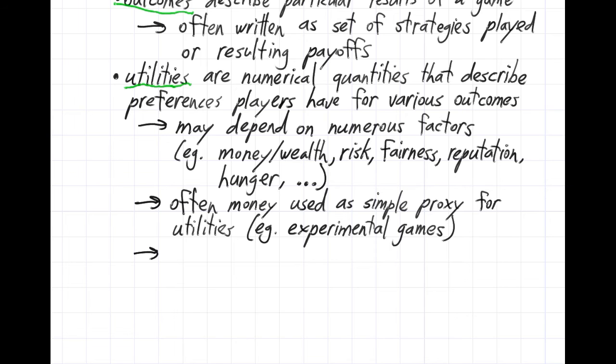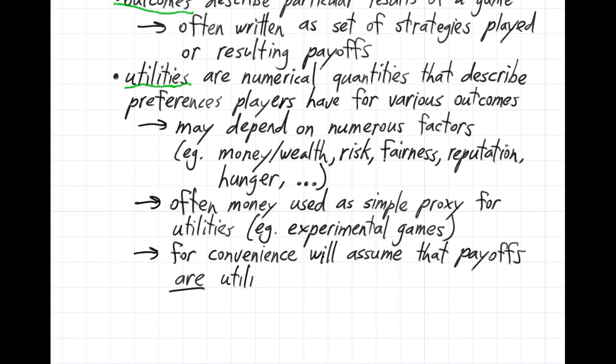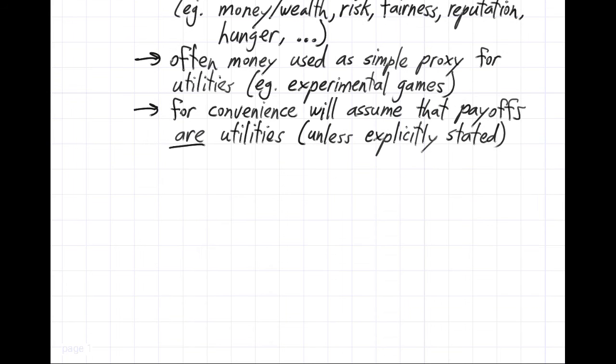For convenience, we will assume that the payoffs we see in the scenarios we write down are the utilities of the players, unless we explicitly say otherwise. Let's look at a simple example.